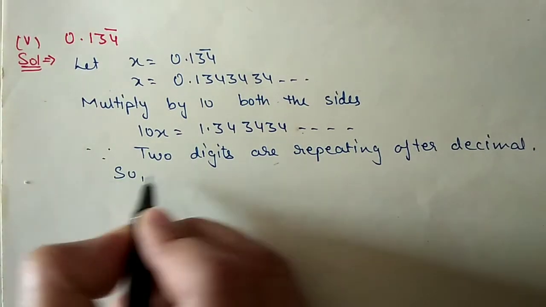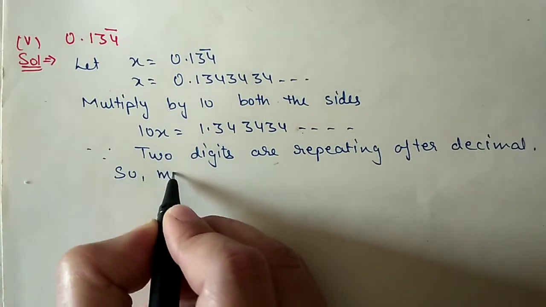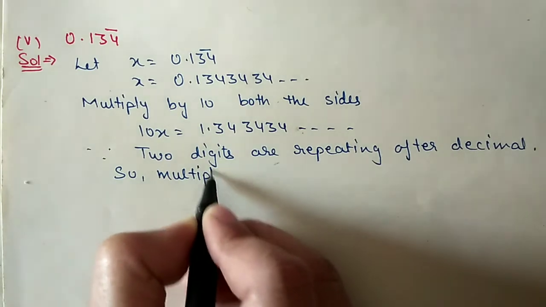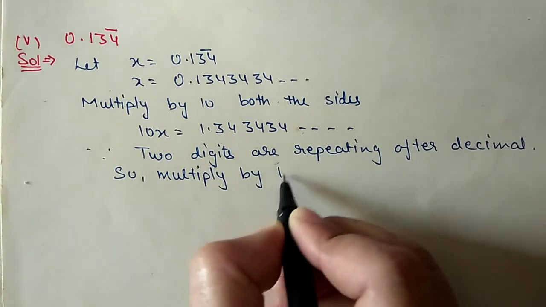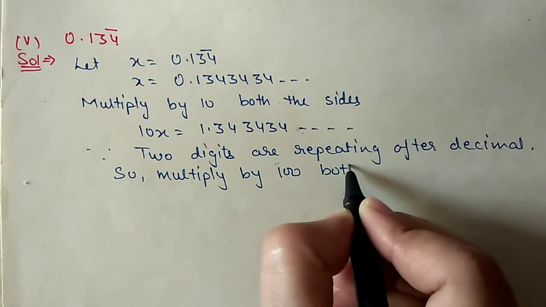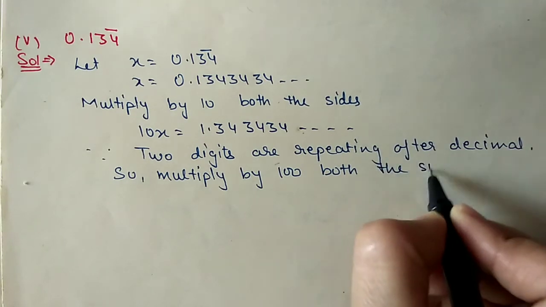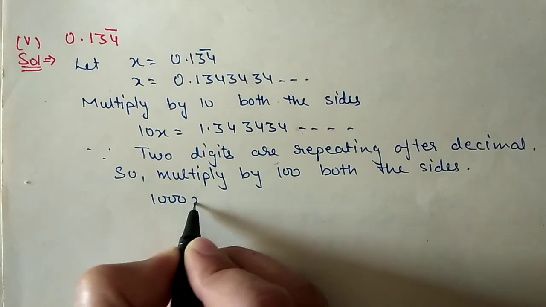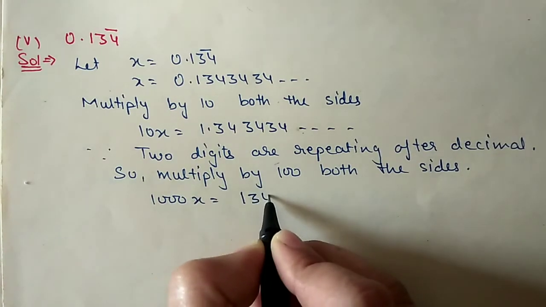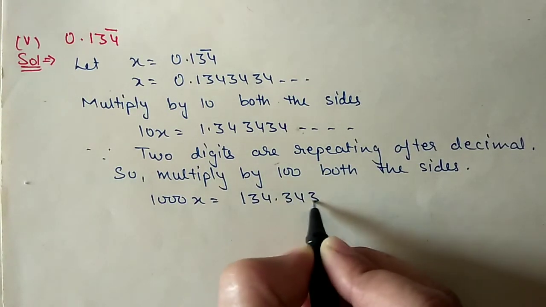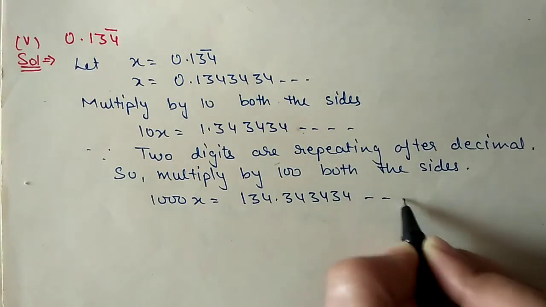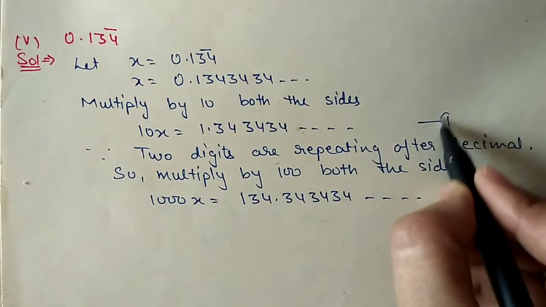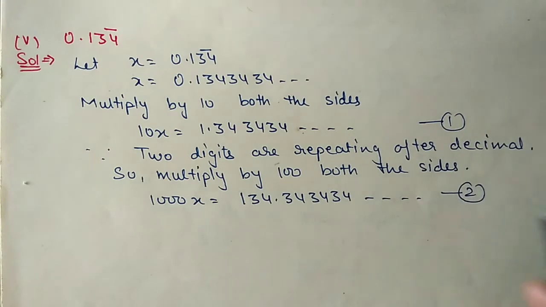So multiply by 100 both the sides. We will get 1000x is equal to 134.343434 up to infinity. So this is the first value and this is the second value.